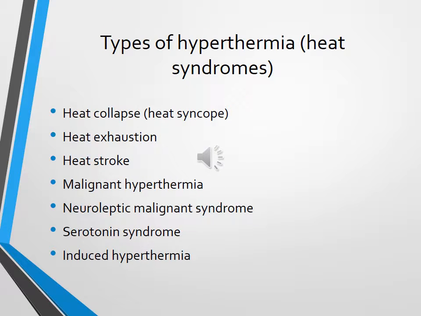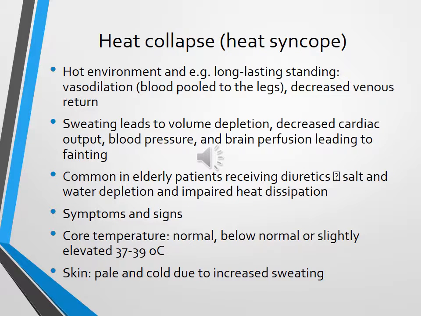Types of hyperthermia, which are heat syndromes: heat collapse, heat exhaustion, heat stroke. We've talked about malignant hyperthermia, neuroleptic malignant syndrome, serotonin syndrome, and induced hypothermia. Heat collapse or heat syncope: hot environment, long lasting standing.